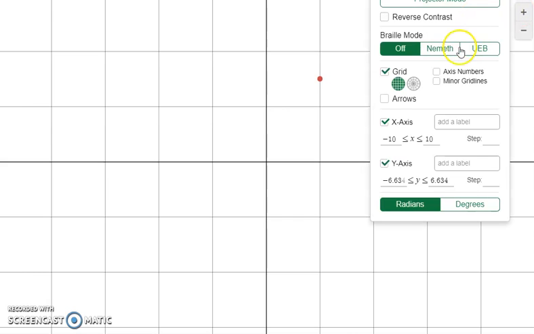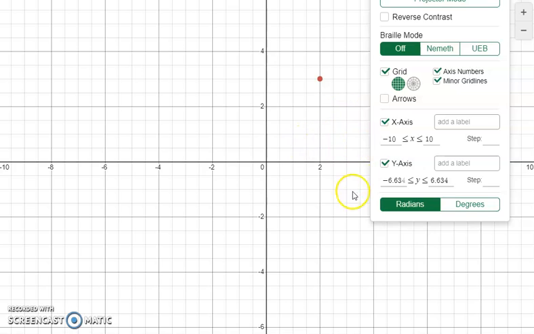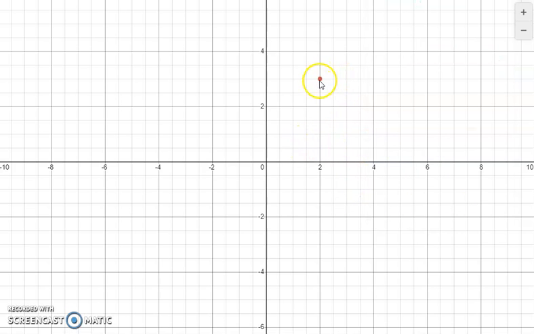So if I were to plot the point, say, 2, 3, I would go 2 spaces over here. Well, it's 1 space because of how Desmos is. And then up 3. So somewhere around here would be the point 2, 3. Yep, so that's 2, 3. Let me put these on. So this is the point 2, 3.